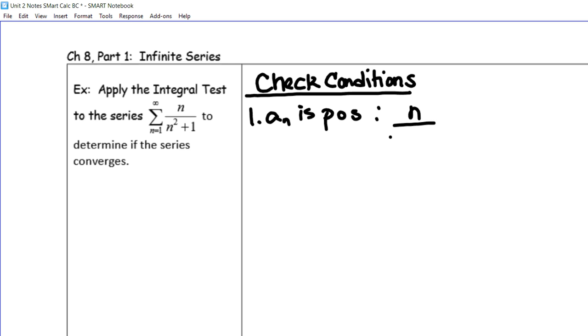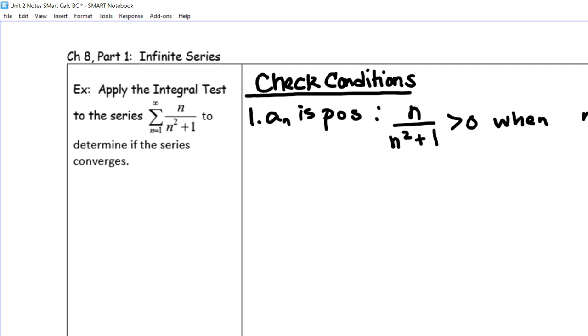So we have our a sub n is this. This is going to be positive when n is greater than 0. Greater than or equal to? No, it would be 0. Okay. 0's not. So did we show that for some n equaling a number forward that we are positive? So this condition is good.